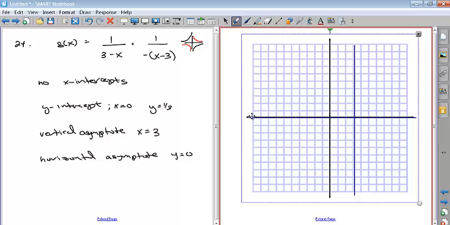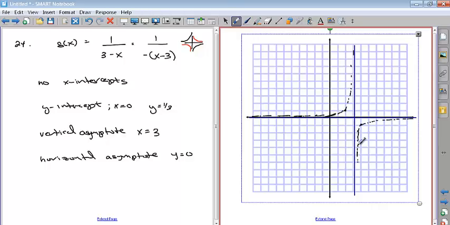Because what's going to happen is this thing's going to approach 0 as x becomes large from a negative sense. And then it's going to go through this point 1/3, and then it's going to go through this point 1, 1, because the parent function has that kind of behavior, and then it loops up, goes to the vertical asymptote. You'll have a point right here again, and it's going to approach the horizontal asymptote from the bottom. It's going to go through here, and then it's going to go down.